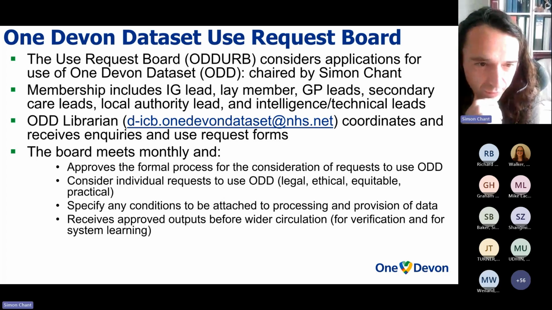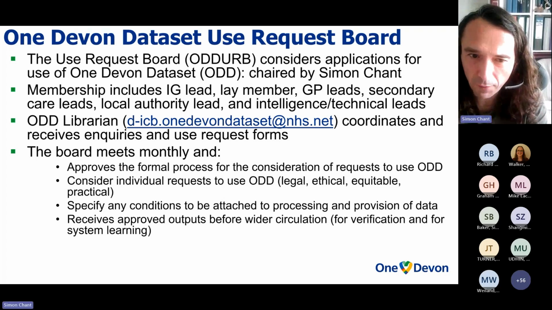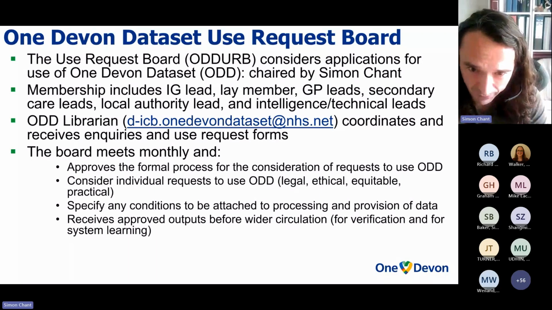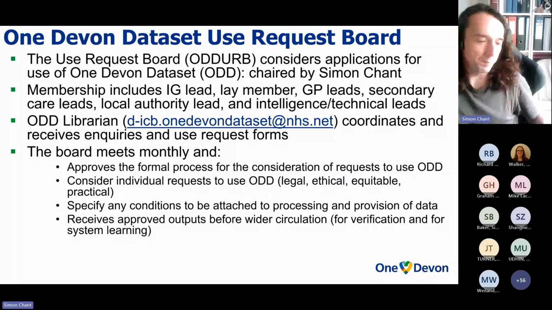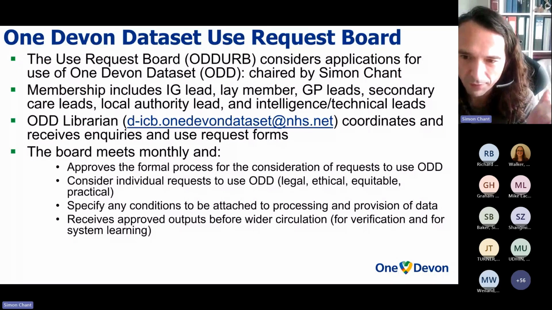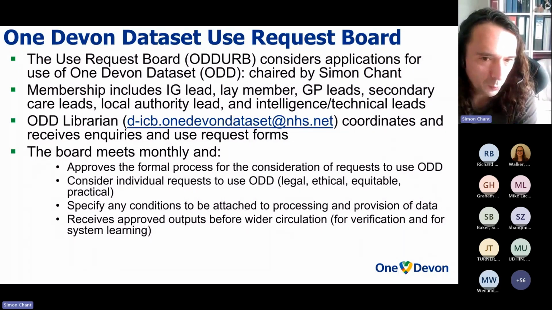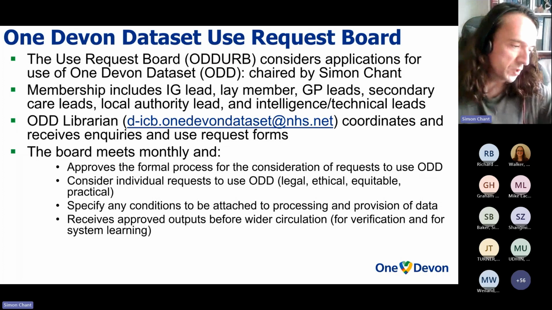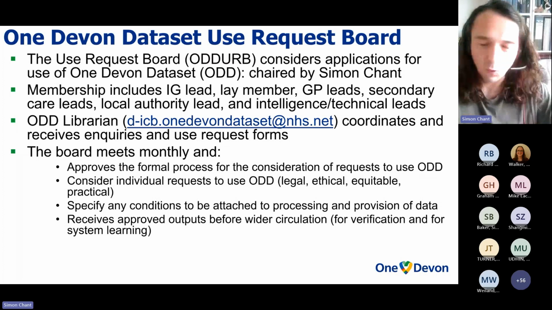In terms of what that board does, it approves the process around which these use requests are considered, and then it will consider those individual requests on a monthly basis. It will use the various experts in the room to look at it from legal, ethical, equitable and practical perspectives. That's all about making sure that the use is consistent with the documentation and accords with system priorities.